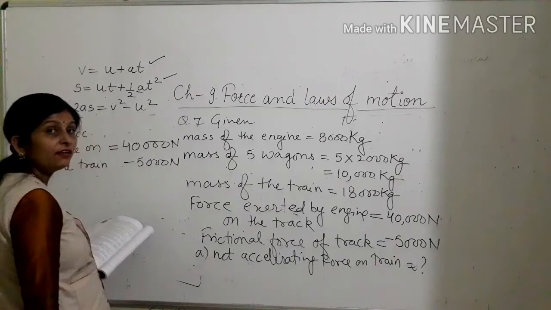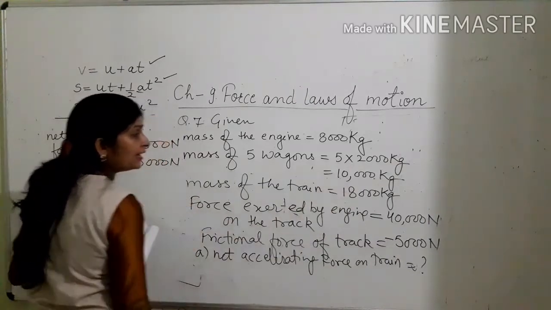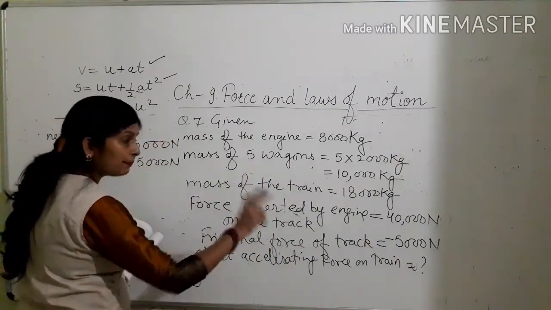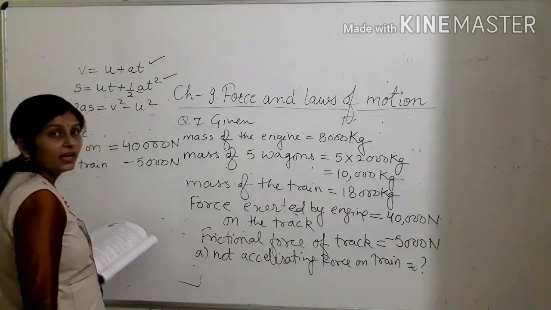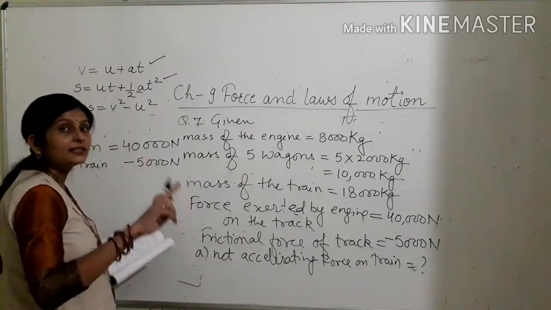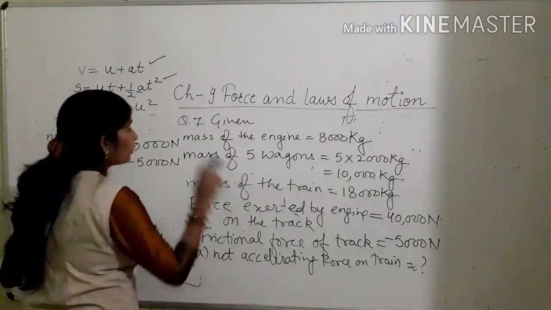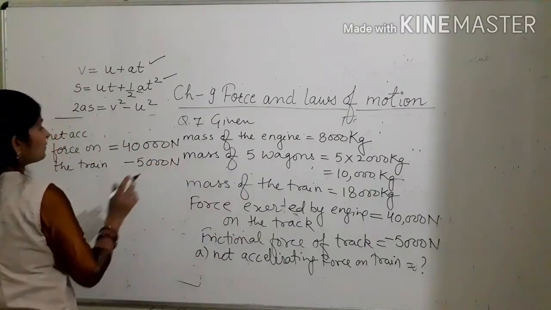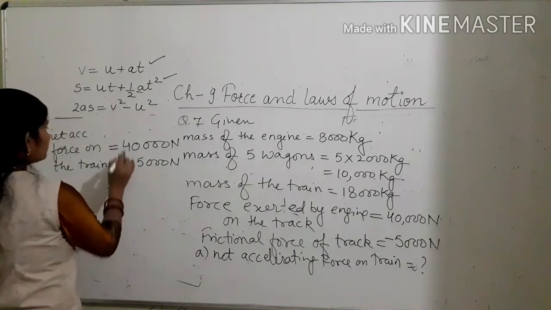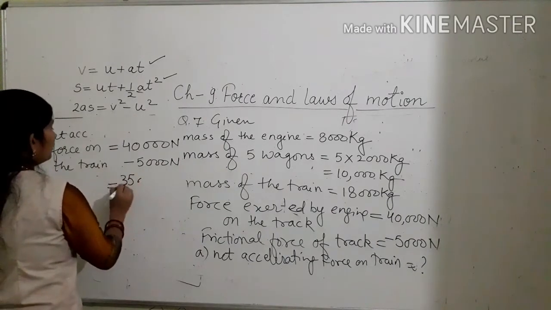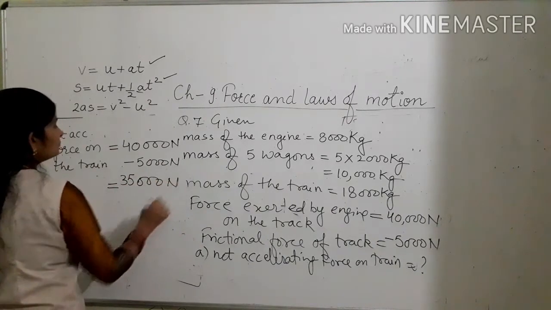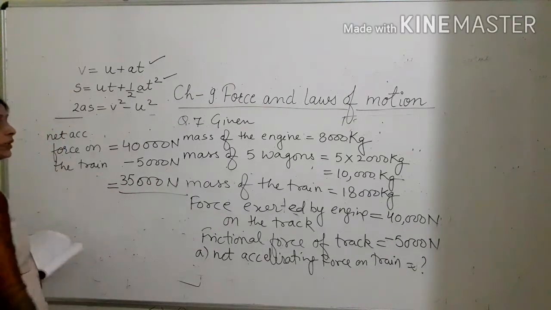So what will we write? 40,000 plus then minus 5,000 Newton. And we all know that plus and minus become minus. So 40,000 Newton minus 5,000 Newton will be written. Then what will be the answer? 35,000 Newton.